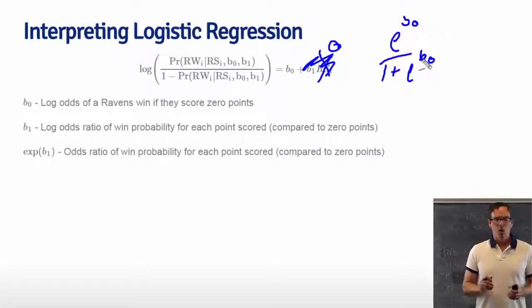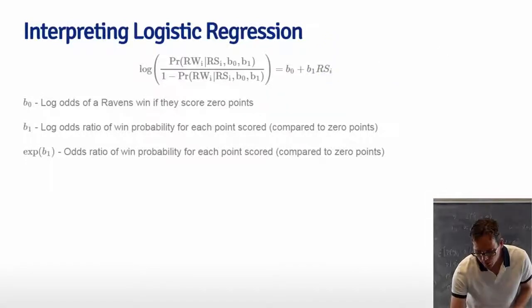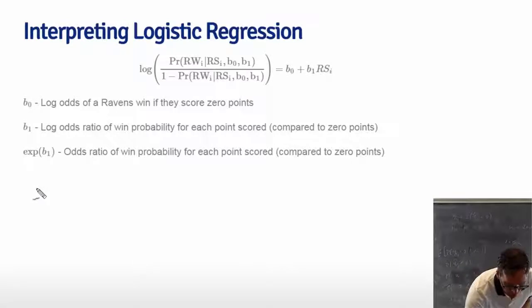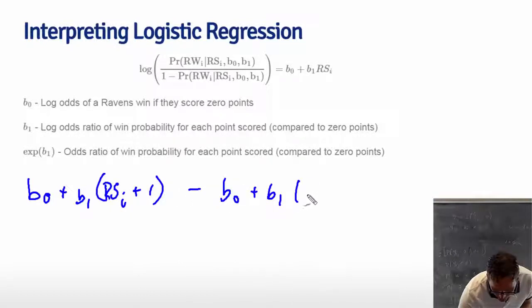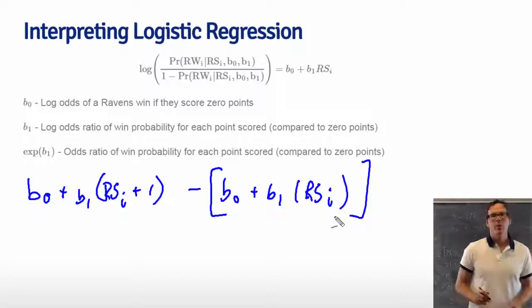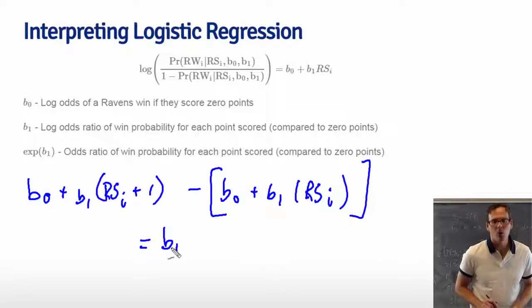So B1. Remember how we interpreted our slope coefficient from before. We have B0 plus B1 times the Ravens score plus 1, and subtract off B0 plus B1 times the Ravens score by itself, and then put brackets around that. That equation, if you work it out, works out to be B1.